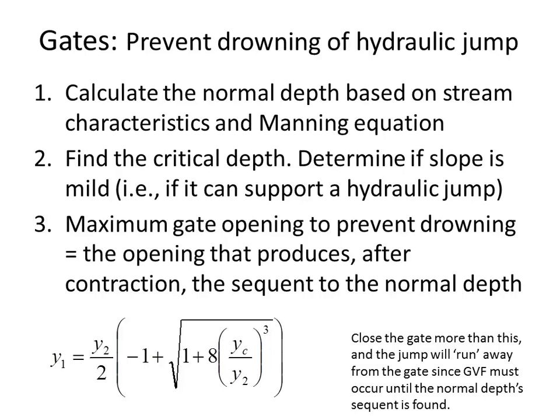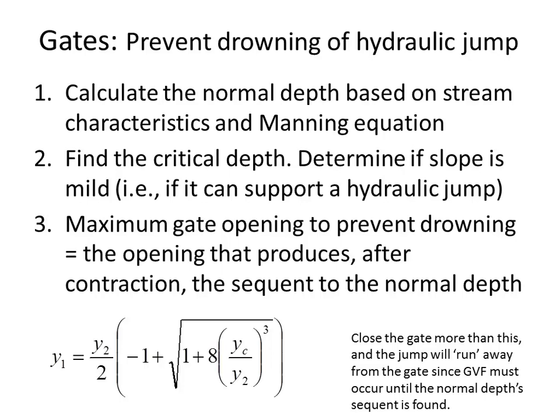Dr. Wade, a sequent of the normal depth, that just means like downstream to the normal depth at depth? If we have a momentum depth diagram, so this is the momentum function M, and this is the depth y, we're going to find out the normal depth downstream. It's going to be some normal depth based on Manning's equation.